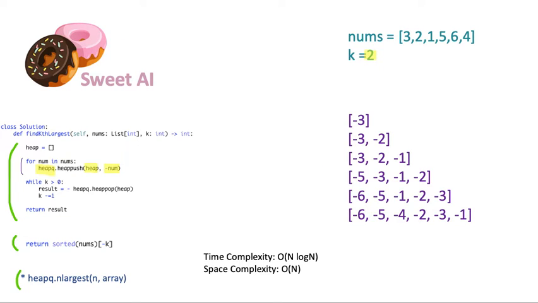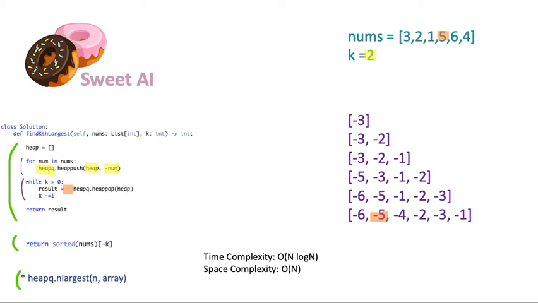So we are going to use a while loop, or it can be a for loop, until we get the kth element, and we are going to multiply that by a negative because we changed the nature of the number in the for loop here. So we multiply by negative and return the kth element, which for this one is -5, multiplied by minus, it's going to be 5, and this is the second largest element in this array.